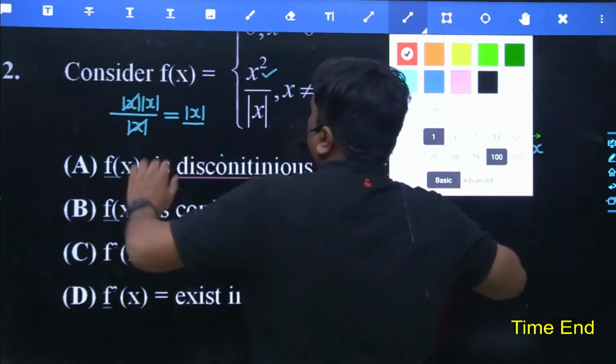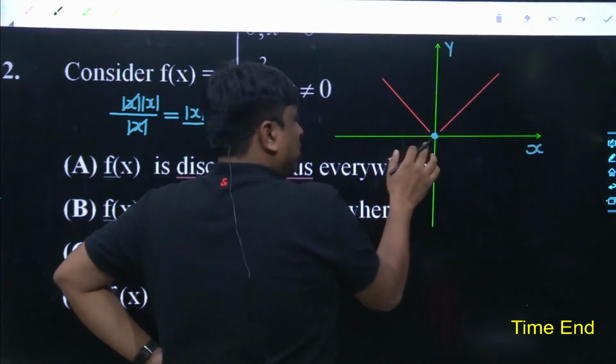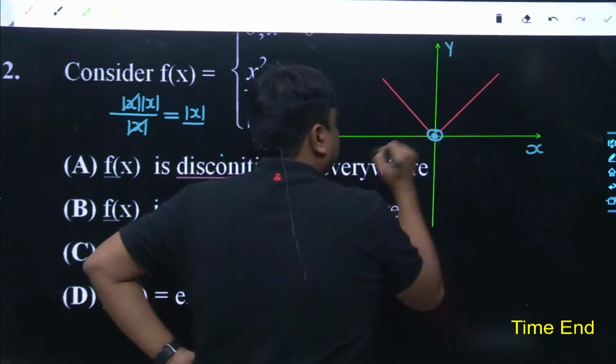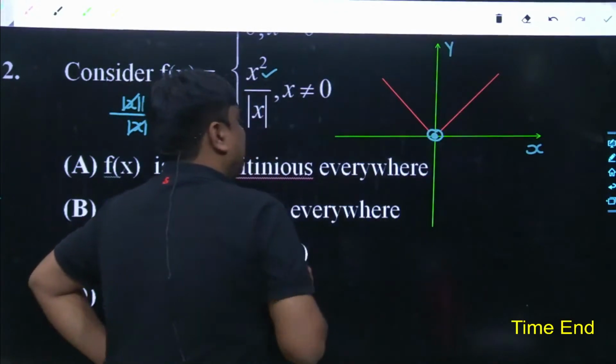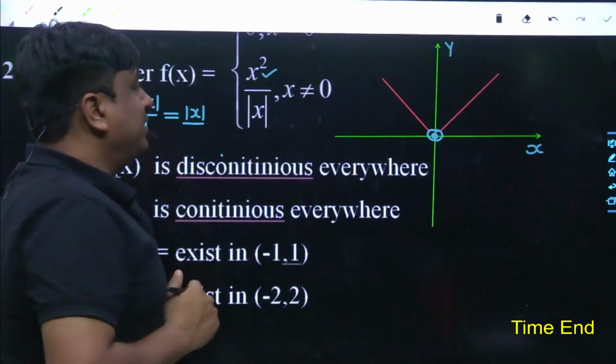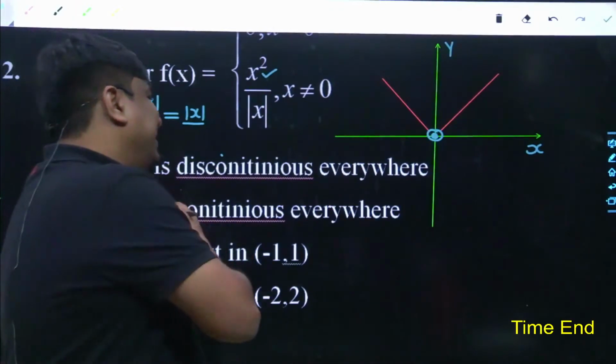And you must have noticed one thing. The magnitude at x equals 0 would not be decided by this function. So that is why this function is making a hole over here, but the hole is filled by this dot. So tell me what is the structure of this given function. The function is continuous in the entire region of x.